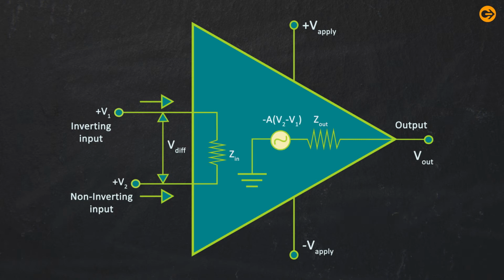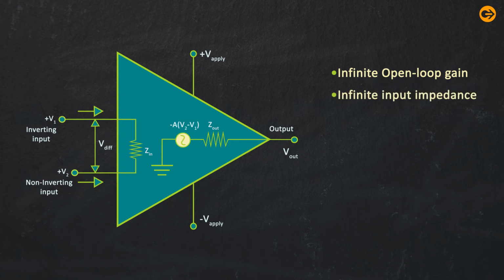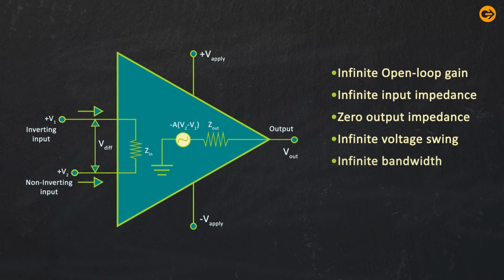If an op-amp doesn't have any feedback from the output to either of the inputs, it is said to be working in an open loop configuration. An ideal op-amp displays infinite open loop gain, infinite input impedance, zero output impedance, infinite voltage swing, infinite bandwidth, infinite slew rate, as well as zero input offset voltage.